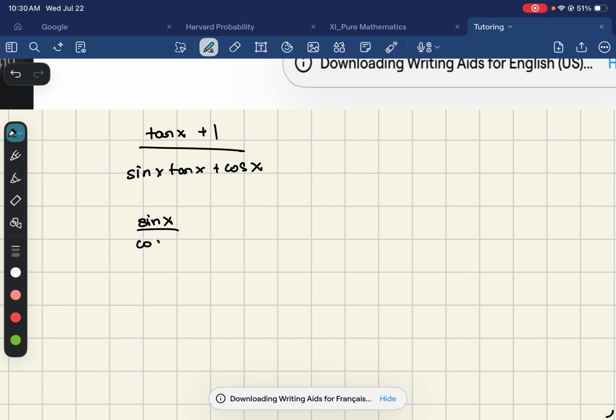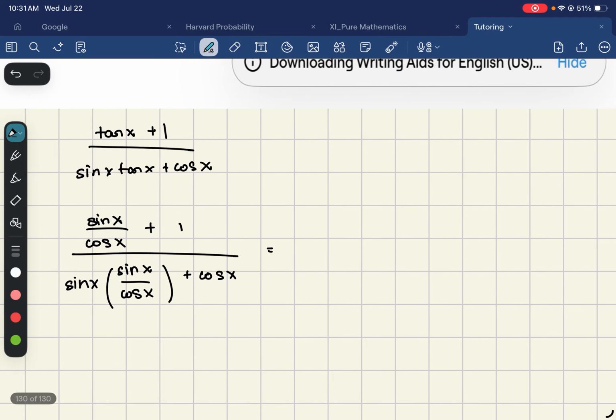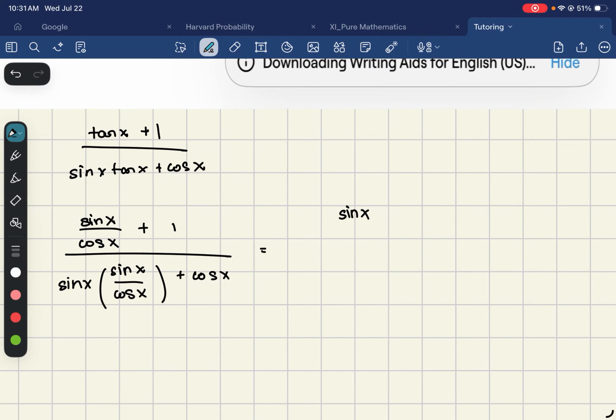So we have sine x over cos x plus 1, divided by sine x times sine x over cos x plus cos x. All right. Now let's make a common denominator. So the numerator becomes sine x plus cos x divided by cos x. This is the numerator here, because I wrote 1 as cos x divided by cos x. And I'm allowed, because cos x divided by cos x is just 1, right?